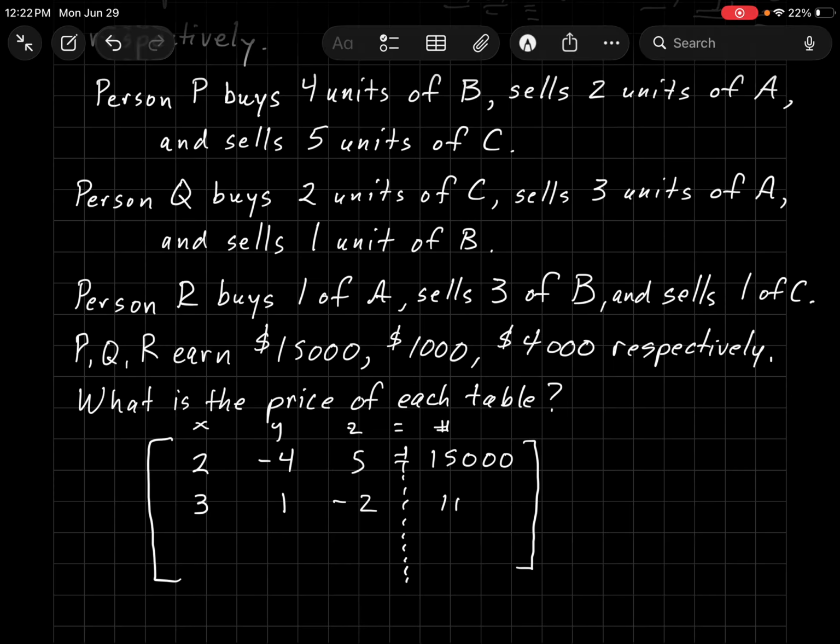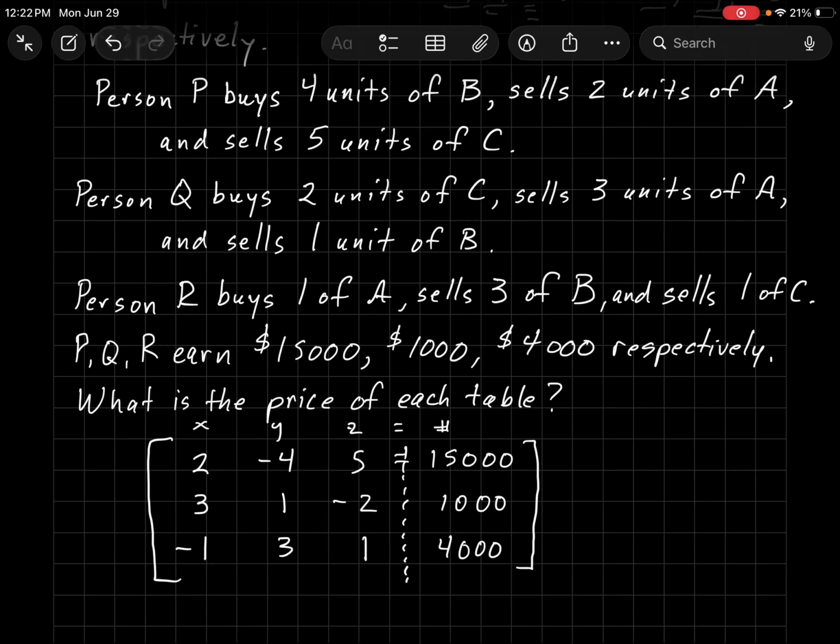And that person would earn a total of $1,000. How about person R? They're buying 1 of A, that is 1 of X, so they're losing money, but they're gaining money when they sell the B and when they sell the C. And in total, they end up with $4,000.